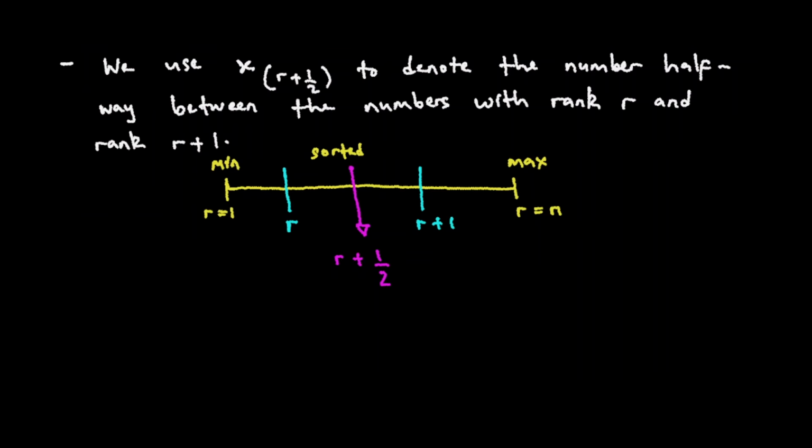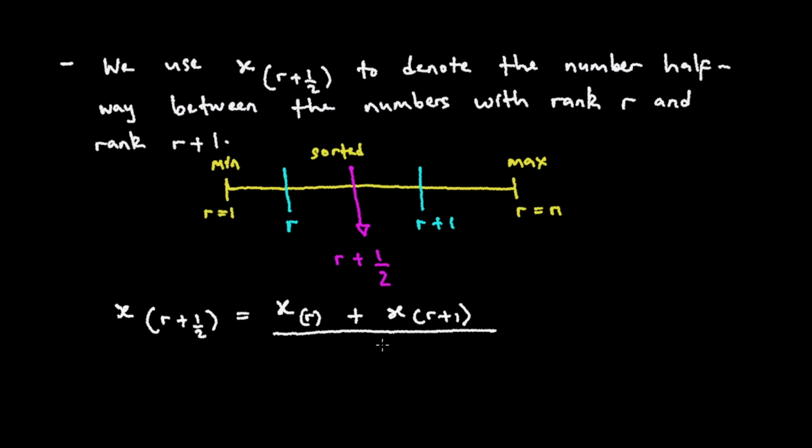Saka kana takuda kuzinyora in mathematical terms tinenge takuti x of r plus half is equal to x r, which is the value with the rank r, plus x of r plus 1, value with rank r plus 1, all over 2.